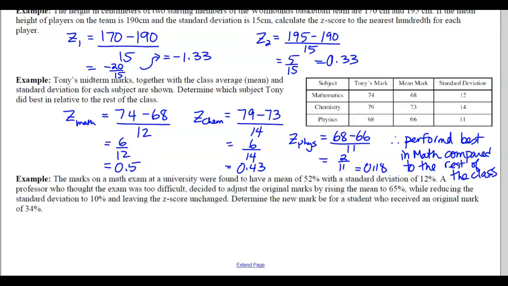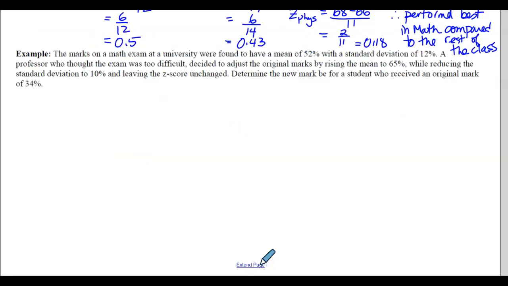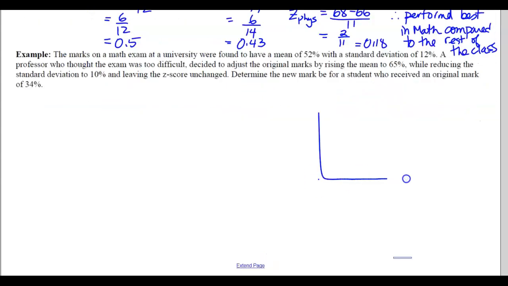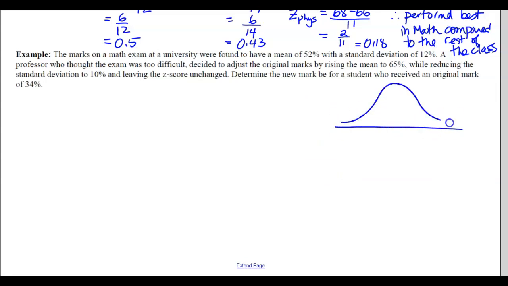Okay? So determine what the new mark would be for a student who received an original mark of 34%. So think here, let's do a quick normal distribution. Okay, something like that. The mean was 52.